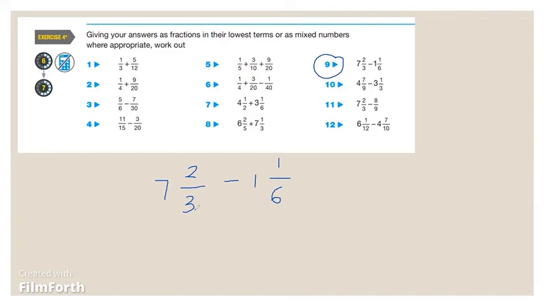According to this first method, first I'm going to make this mixed number an improper fraction, right? 3 times 7, it's 21. 21 plus 2, it's 23 over 3 minus 6 times 1, it's 6. 6 plus 1, it's 7 over 6, right?